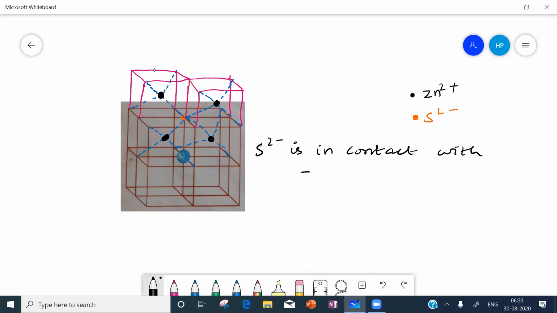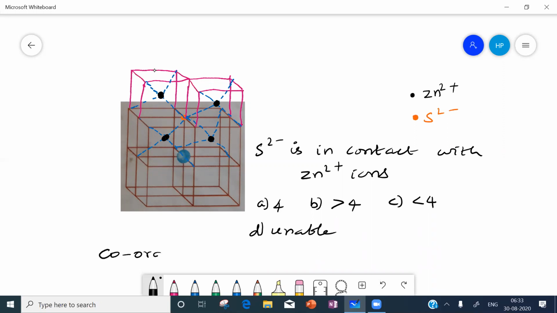Do you say 4, or greater than 4, or less than 4, or unable to predict? What is the value, do you say? If you know this, then we can say the coordination number of sulfide.